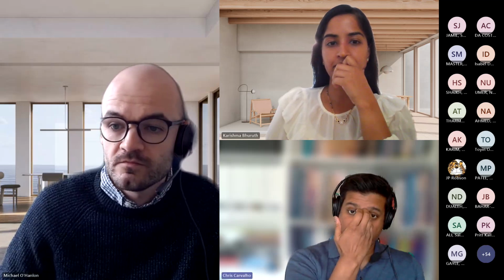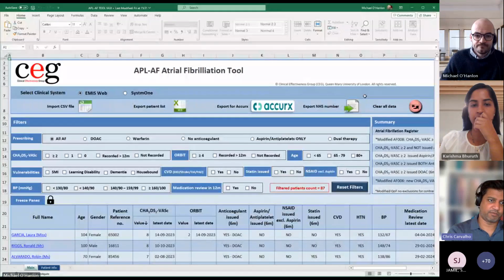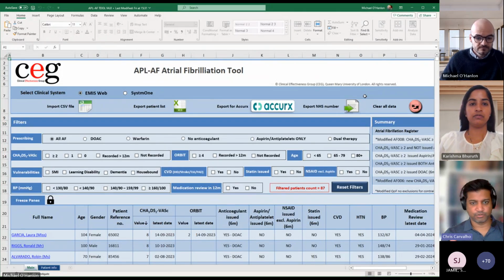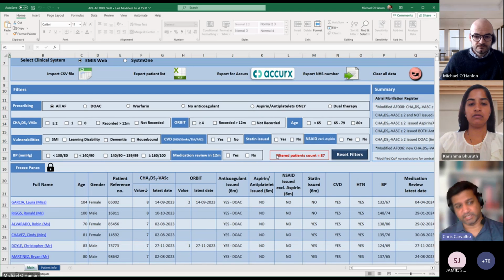One of the things I thought would be helpful, I think Mike's given a bit of an explainer on this already, but the key here is thinking about how this works in your practice. In some practices, this will be run by the GP, the GP mainly looking at this. In some, it may be the practice manager or the nurse or the pharmacist.